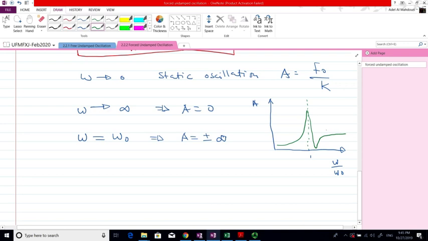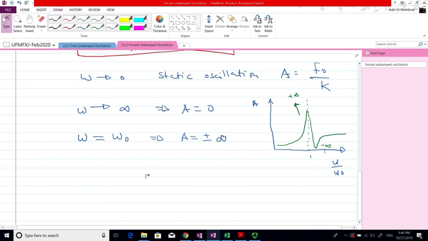So we have this kind of relationship, either going to positive infinity or going to negative infinity. This is when the ratio comes to 1. When omega is much more than omega naught, it becomes very close to 0.